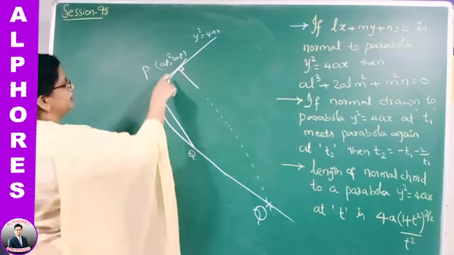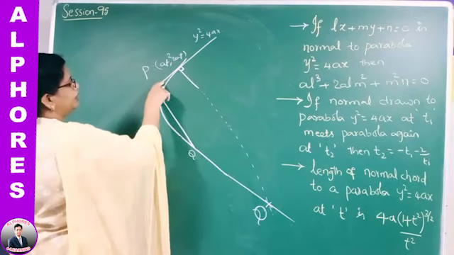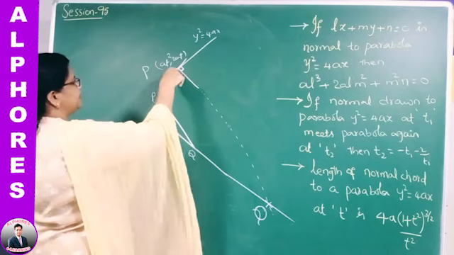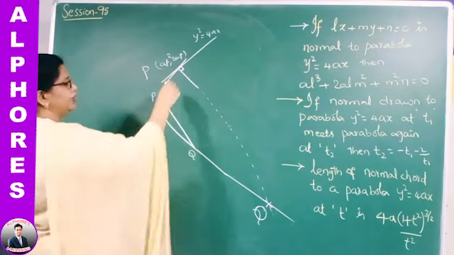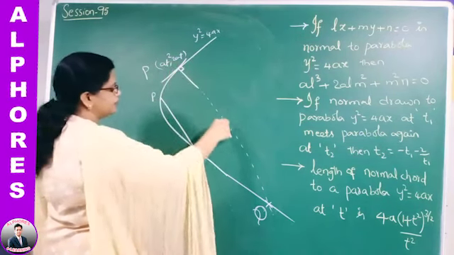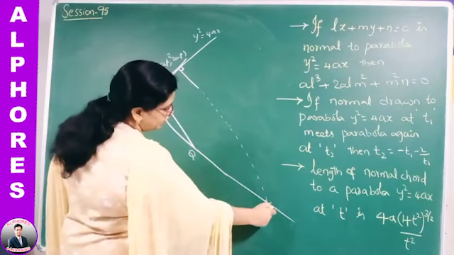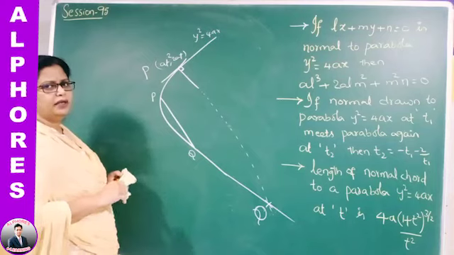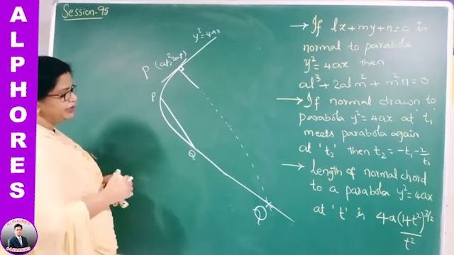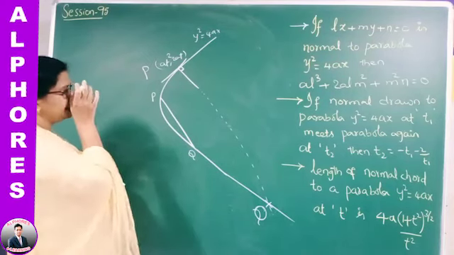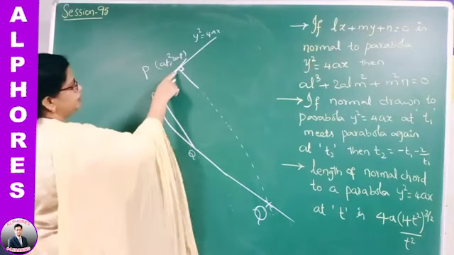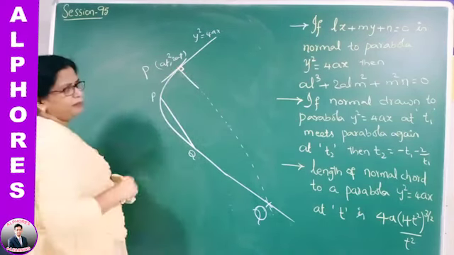Then what about a normal chord? Normal chord means here you have taken a tangent and again here you are taking a normal. That means these two lines are perpendicular. If you extend this, it meets the parabola again at another point. Then we say PQ is the normal chord. Once P is at squared comma 2at and you have taken the normal, these two are perpendicular.